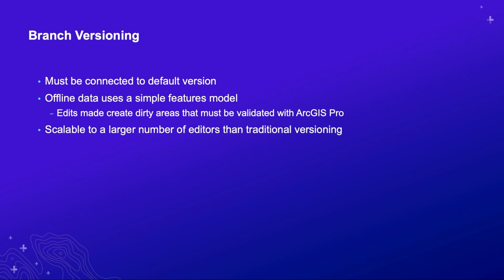You've got to be connected to the default version, and any offline data uses a simple feature model for editing. And any edits that happen out in the field create dirty areas, which then must be validated inside of ArcGIS Pro before they get, if you like, committed into the main line as fully accepted features. So using this process does allow it to scale to a larger number of users.